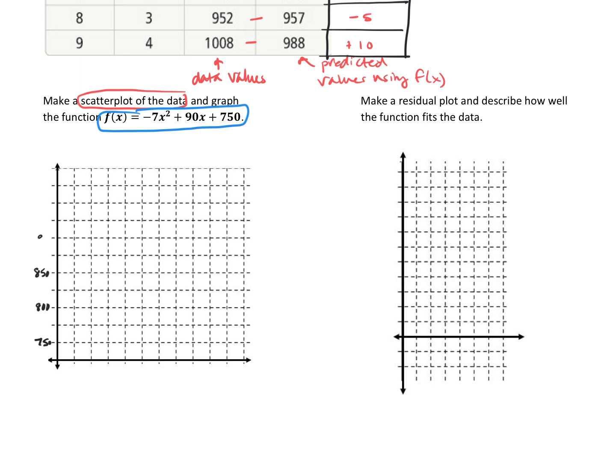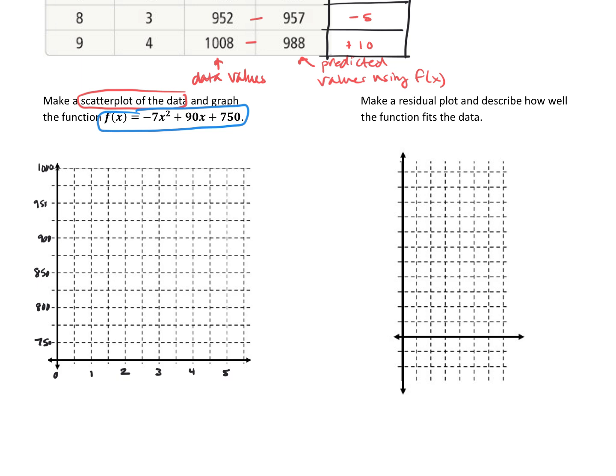Up 2 more, I'm at 900. Up 2 more, we're at 950, and up 2 more and we're at 1,000. I'm going to count the x-axis by halves. So this will be 0. 1 is going to be 2 spaces away. 2, 3, 4, 5. Okay, so in red, we're going to plot the data from our table of values.